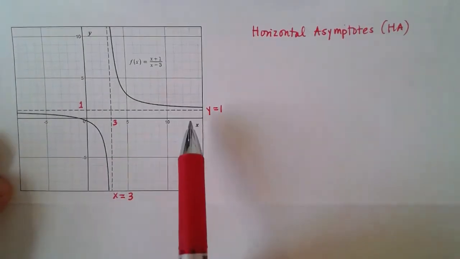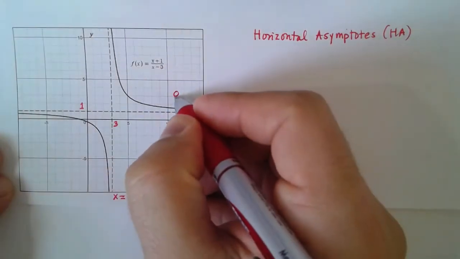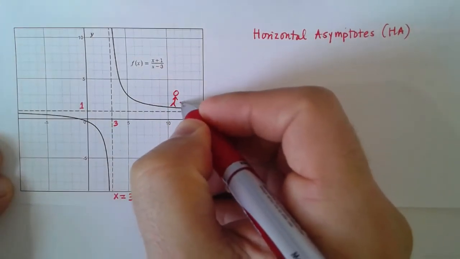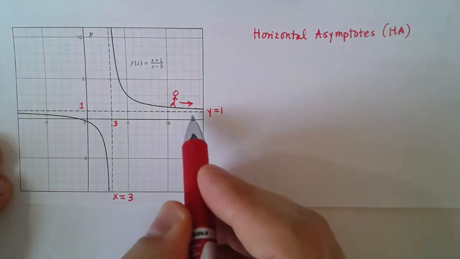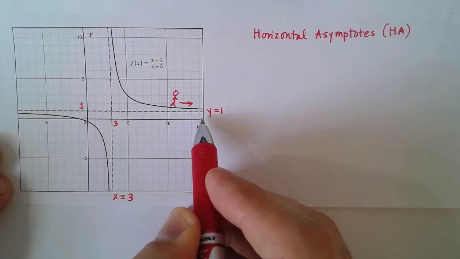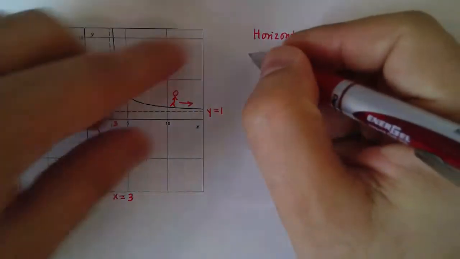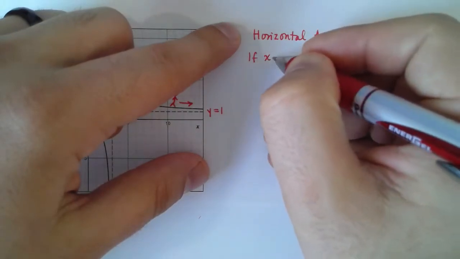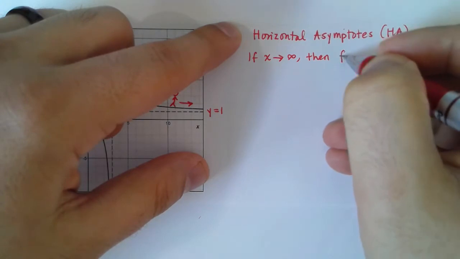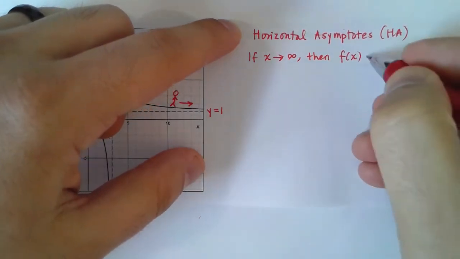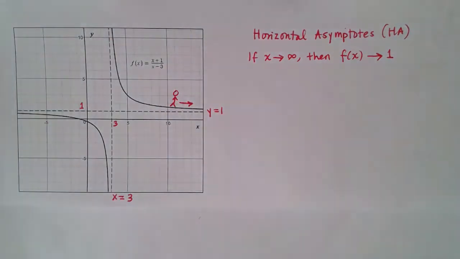So you take x to infinity, walk to this side. That means x goes to infinity, and in that case your function comes close to y equals 1. So y equals 1 becomes a horizontal asymptote. So we can see that if x goes to infinity, then f of x goes to 1. You may think of that as the height.